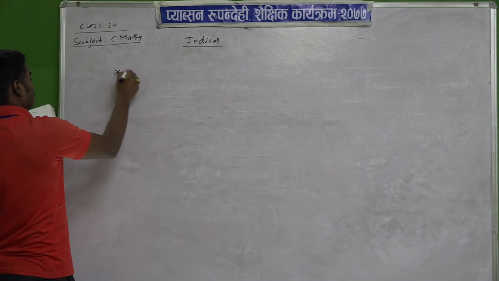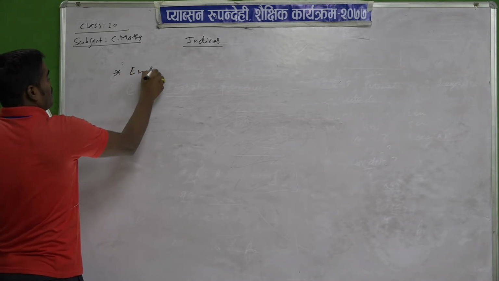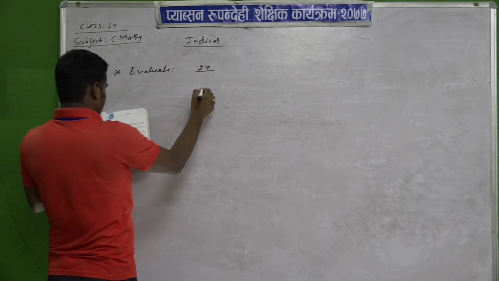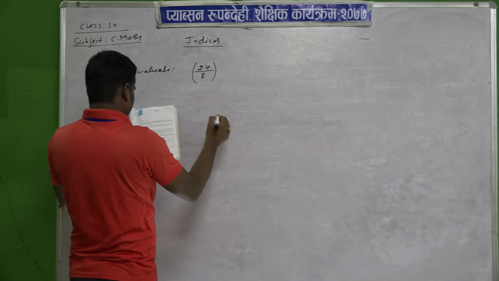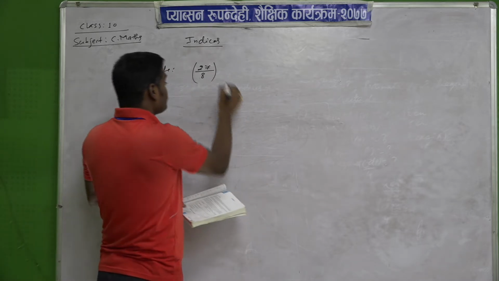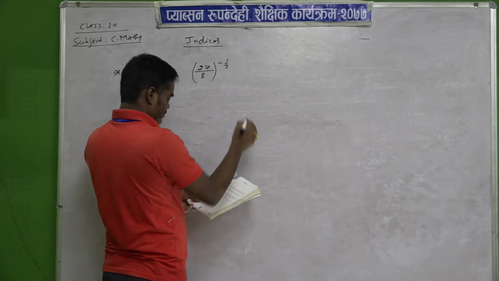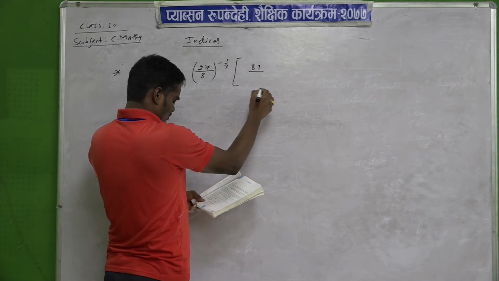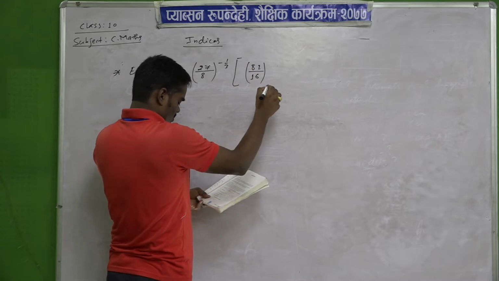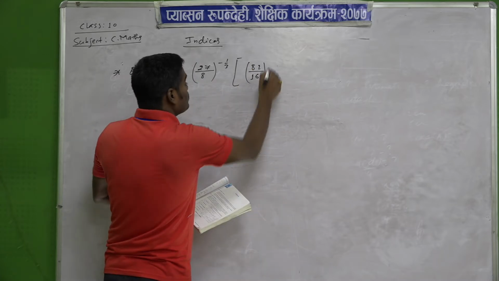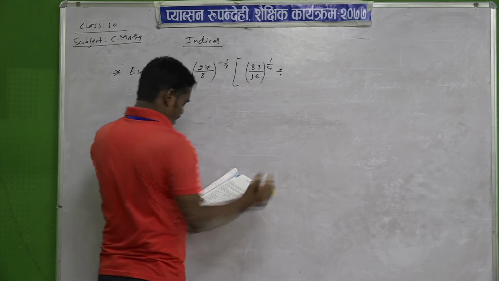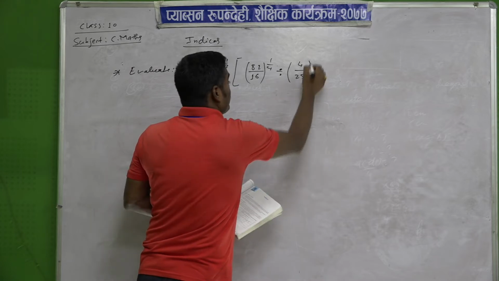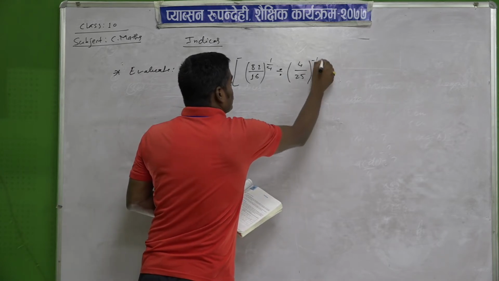Suppose here given, I will take one question: evaluate, what is given? (27 by 8) whole power minus 1 by 3, then after (81 by 16) whole power 1 by 4, divided by (4 by 25) whole power minus 1 by 2.